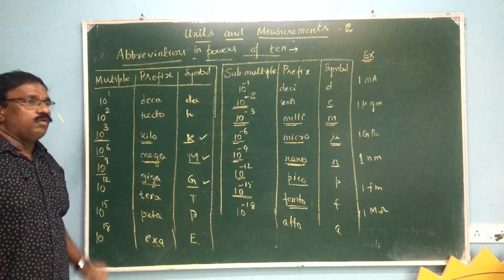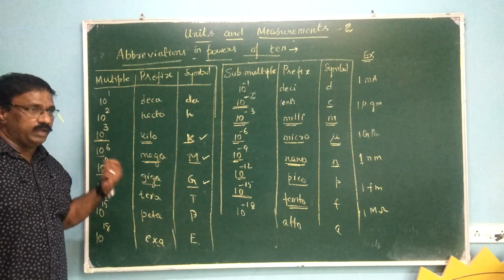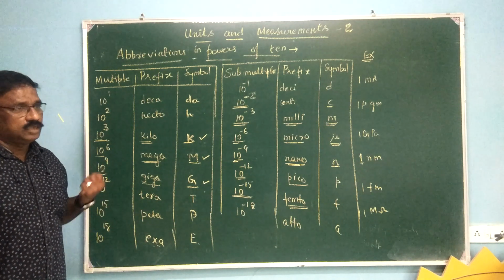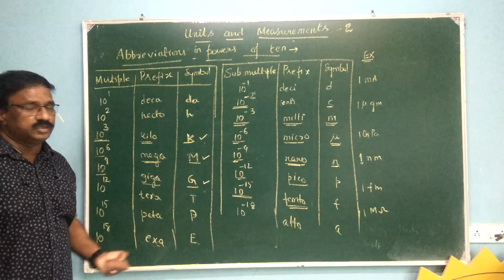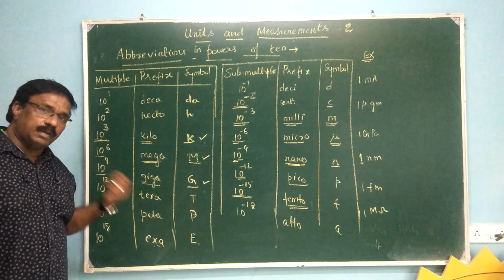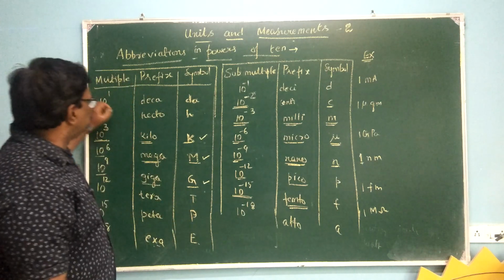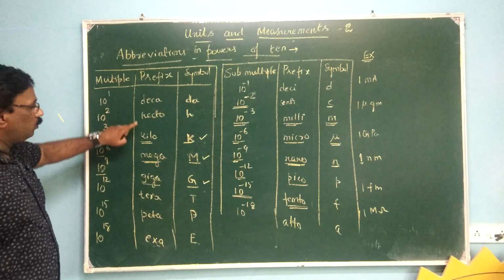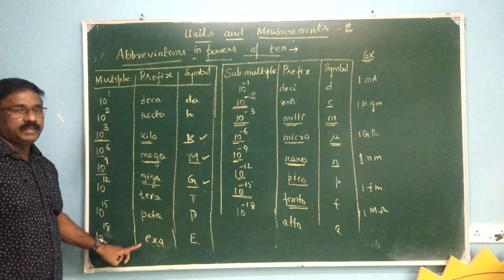So remember, whenever the magnitudes of physical quantities are very large or very small, it is always convenient for us to express them in terms of either multiples or submultiples of SI units, like this: deca, hecto, kilo, mega, giga, tera, peta, exa.